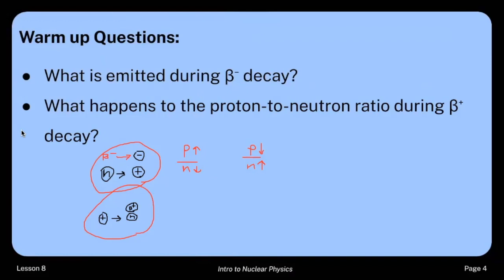Recall, we have that valley of stability on the proton to neutron graph. So whether the ratio increases or decreases doesn't necessarily say anything about the stability, but whether that ratio approaches that valley of stability does tell us something about it. And again, we'll talk about that later after we're done reviewing and introducing a couple of new things.